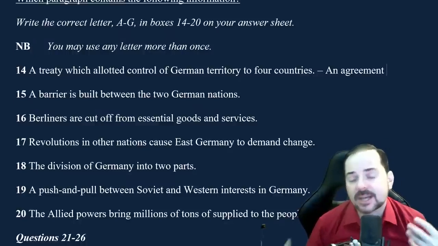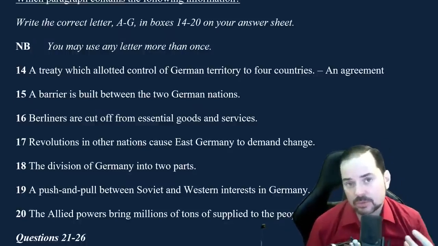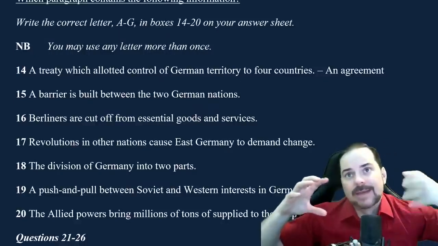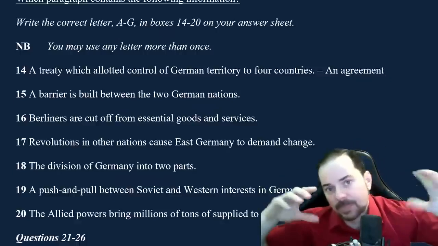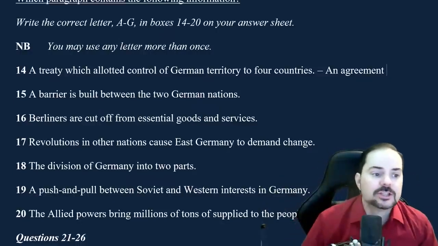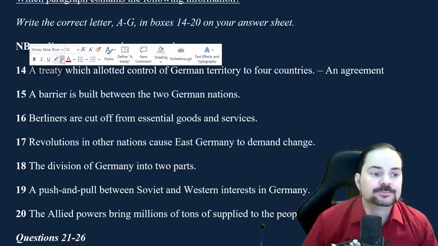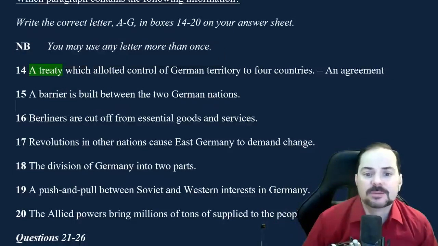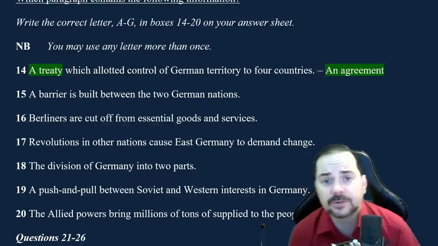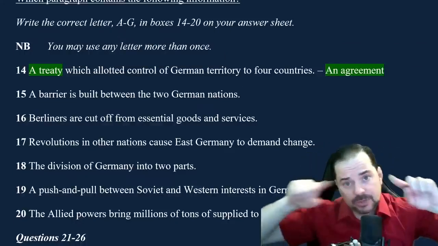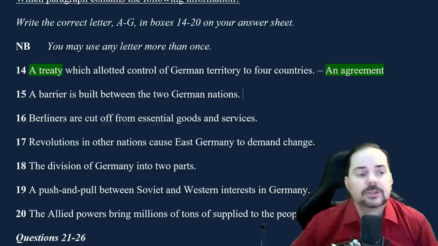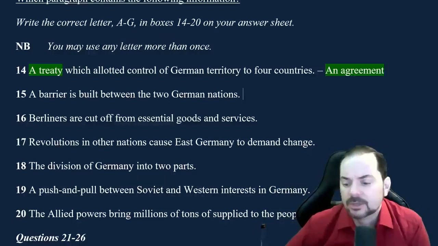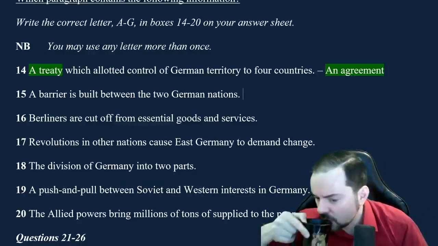So various types of paraphrasing are used to match questions with the passage. Here, a treaty is the same as saying an agreement. If these are new words for you, write them down: treaty equals agreement, usually between countries or groups of people.